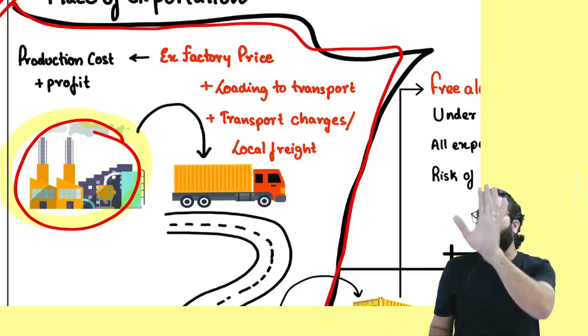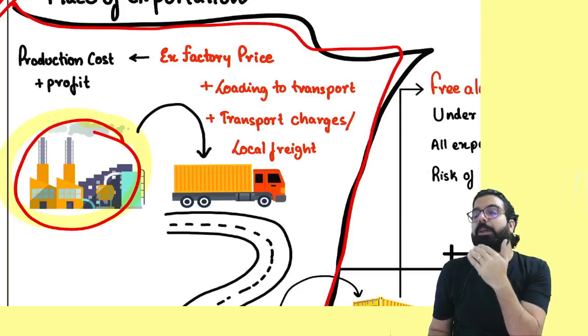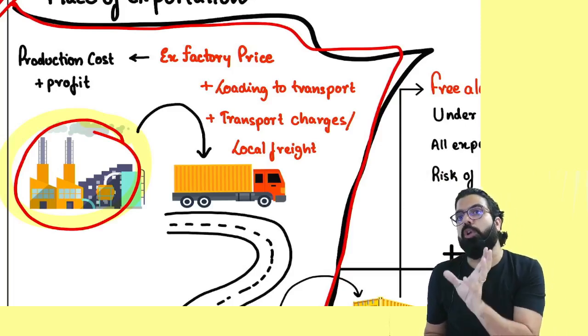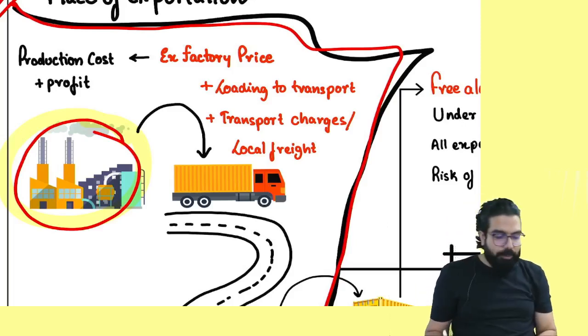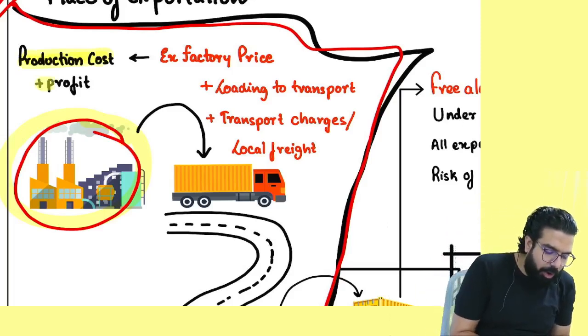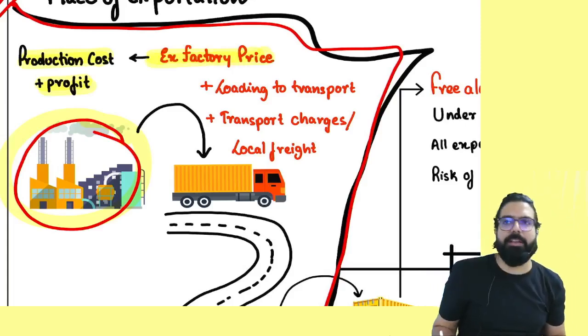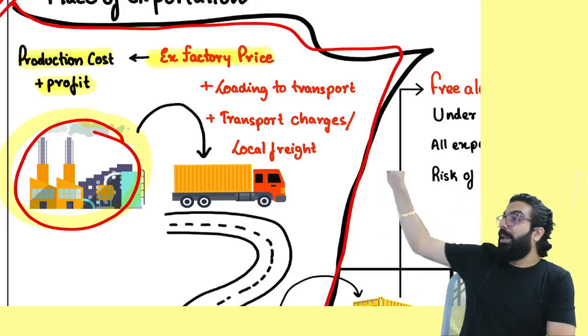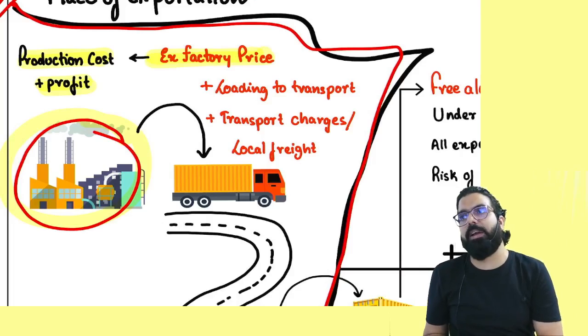That person will tell you, I will not deliver the goods, you have to come and pick the goods from my factory. The price he tells you, say 1 lakh rupees per item, is known as the ex-factory price. Ex-factory price means his production cost and profit. Price at the factory gate of the supplier is known as the ex-factory price.